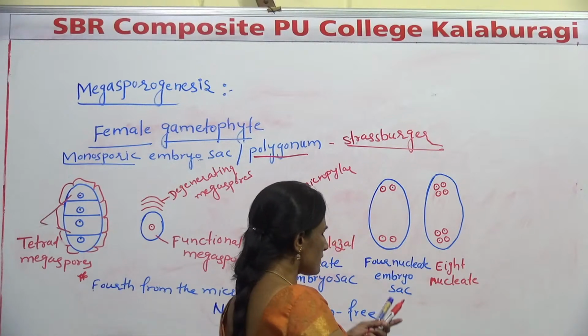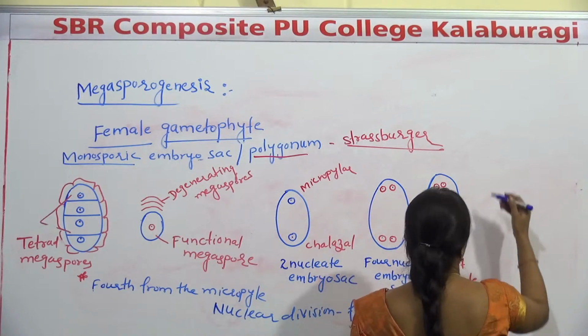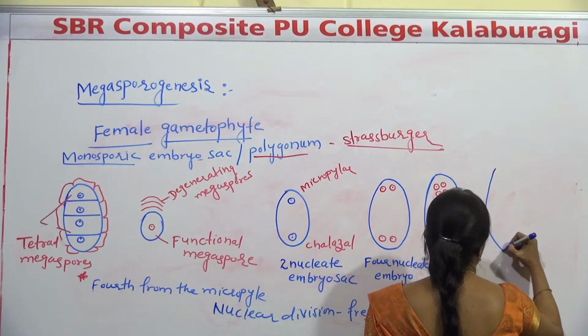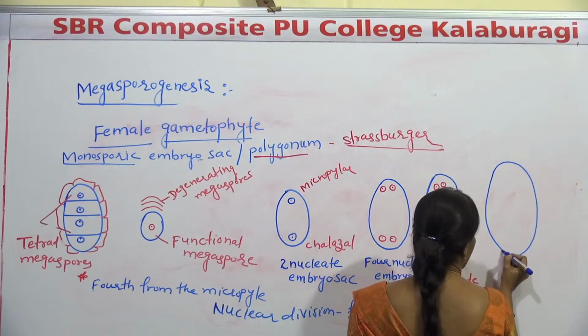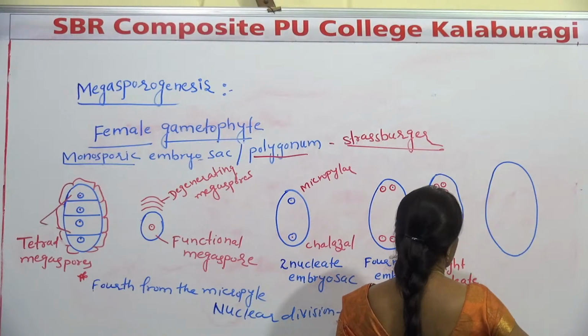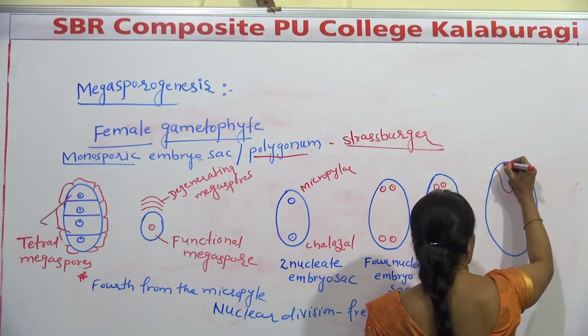Six of the eight nuclei are surrounded by cell wall and organized into cells.